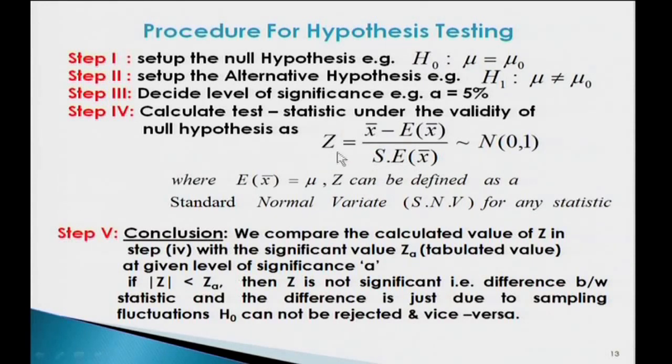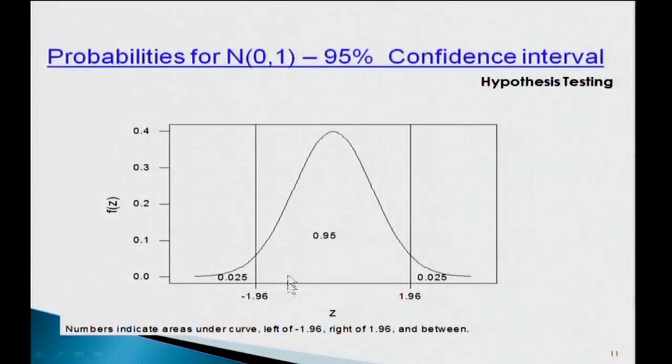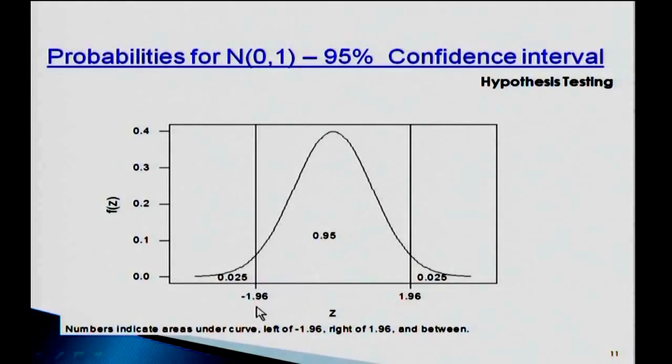Once we have this test statistic that we have calculated, then we shall compare this test statistic with the tabulated value, with the critical value. In case of 95%, our critical values are minus 1.96 and plus 1.96 that we obtained from table for this 95% region within the acceptance region, and this is the rejection region.